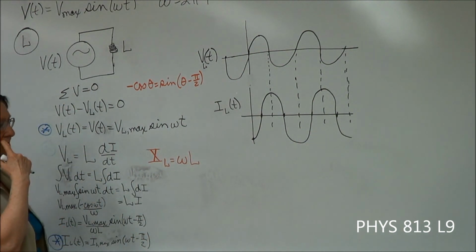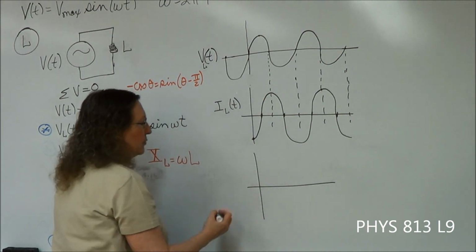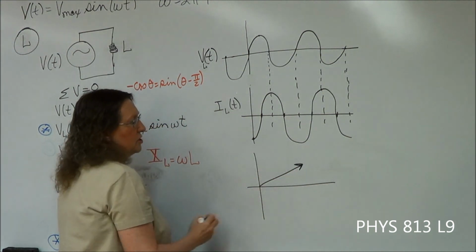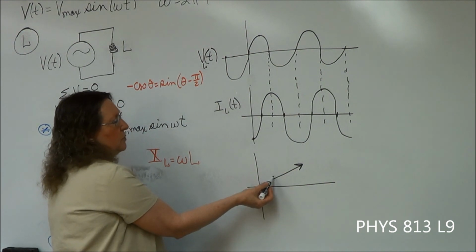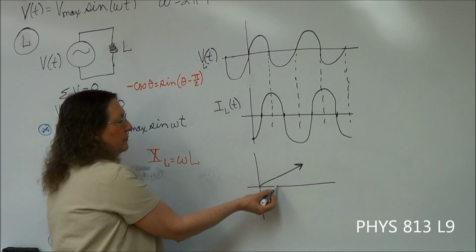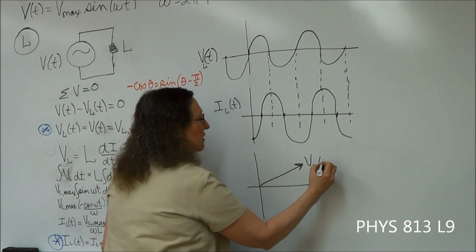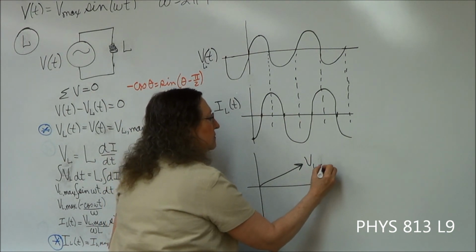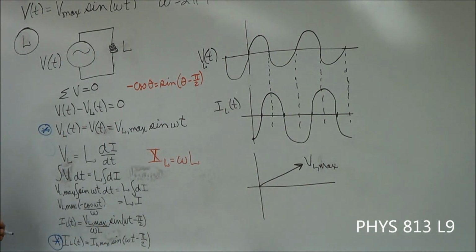Now, our phasor diagram. We're going again to put the voltage in the same position, the first quadrant, and I'm just picking an arbitrary position here, just up a little bit. So this is voltage across the inductor, max. Now, what about our current?